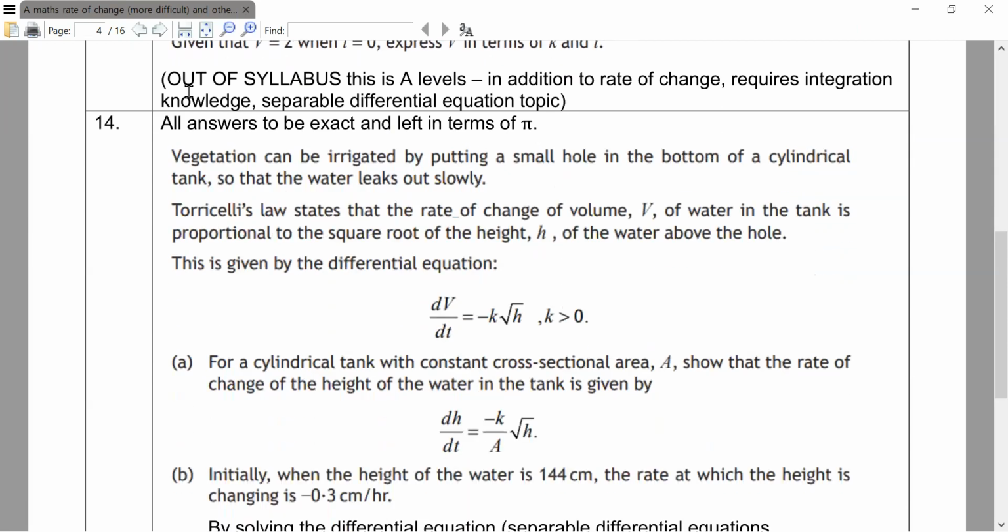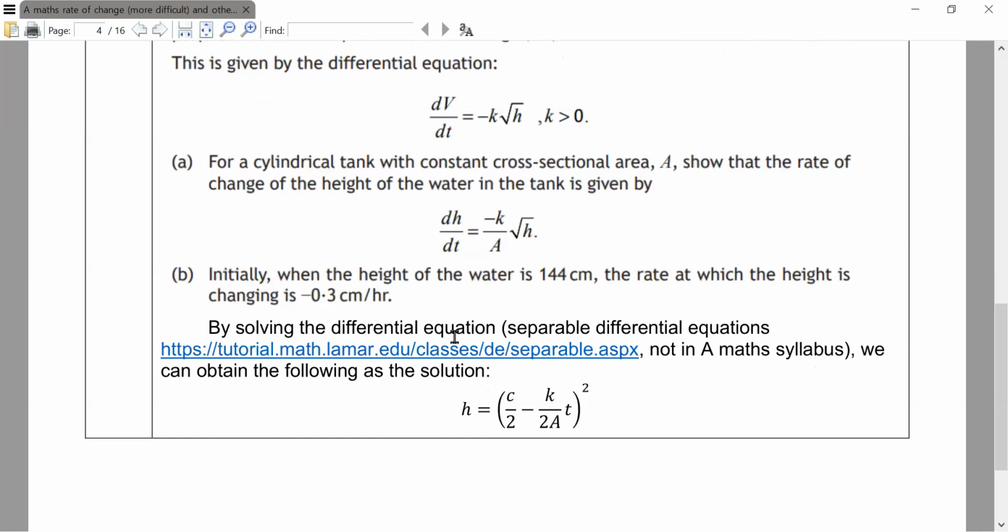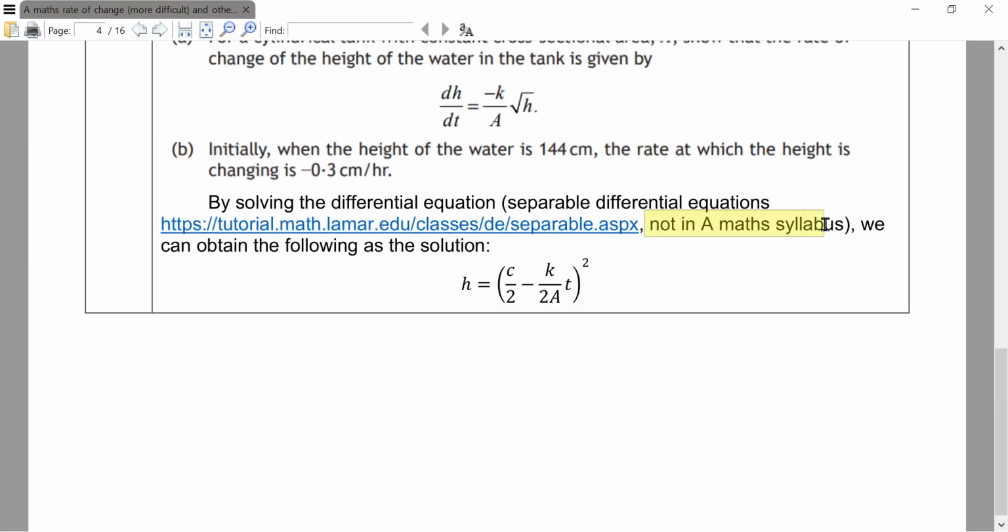Try the question first, then all answers to be exact. Oh, this one can be done. Question 14, but you need to think a bit. Oh wait, maybe you can't. This is a separable differential equation. Sorry, cannot. A bit too difficult.